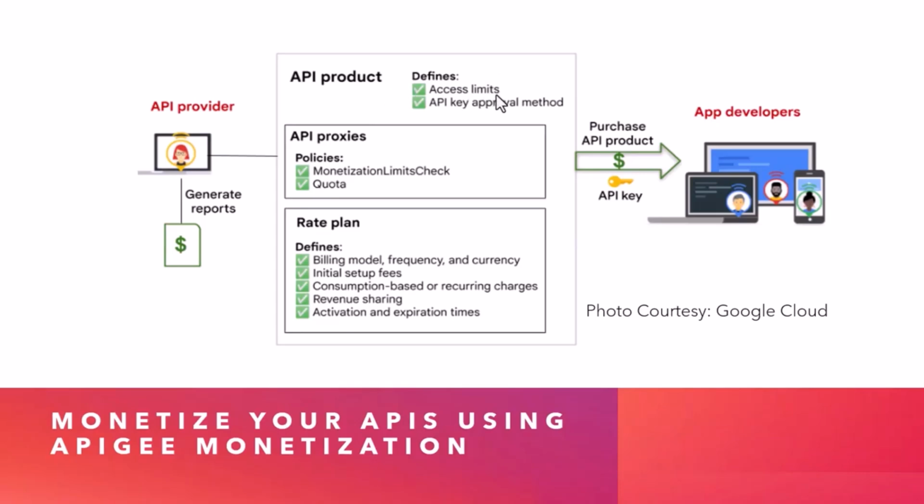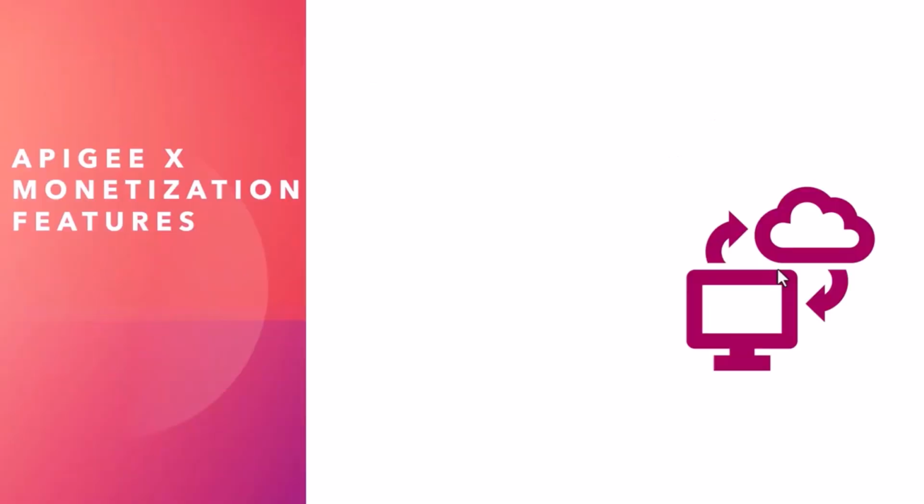It defines the access limits and API key approval method, and these are some proxies, and this is the rate plan, billing model, frequency and currency, initial setup fees, consumption-based or recurring charges, revenue sharing, activation and expiration times. Going finally to the app developers, which is a Google Cloud photo.